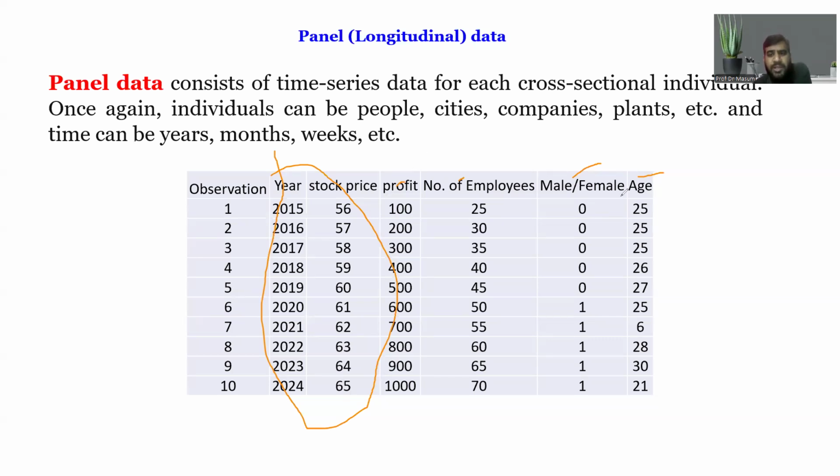So these are the features of cross-sectional data. One year, 2015, these are the features. So here we are combining time series data and cross-sectional figures for many individuals together. This is known as panel data, or longitudinal data.